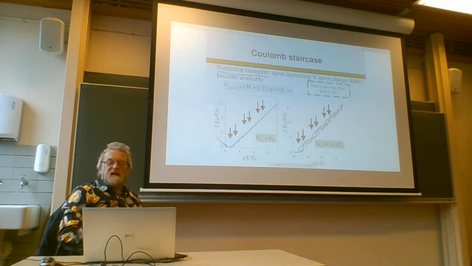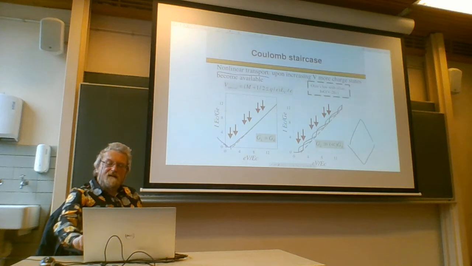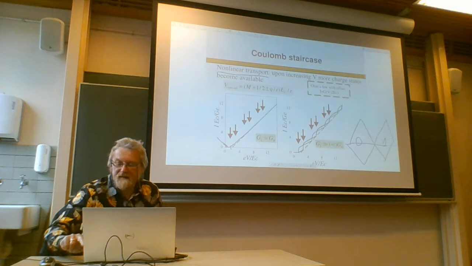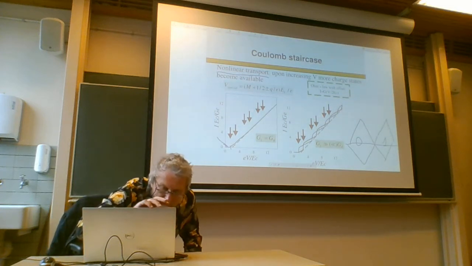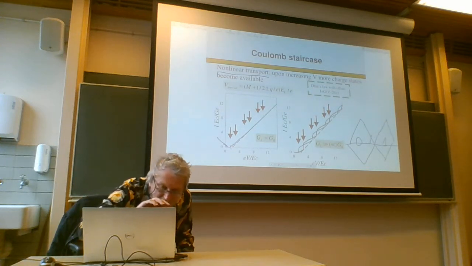a process becomes open. Let me sketch the barrier. The diamond with 0 charge and with 1 charge. Right? Let us see. So we sit here, we increase voltage, we cross to this domain.